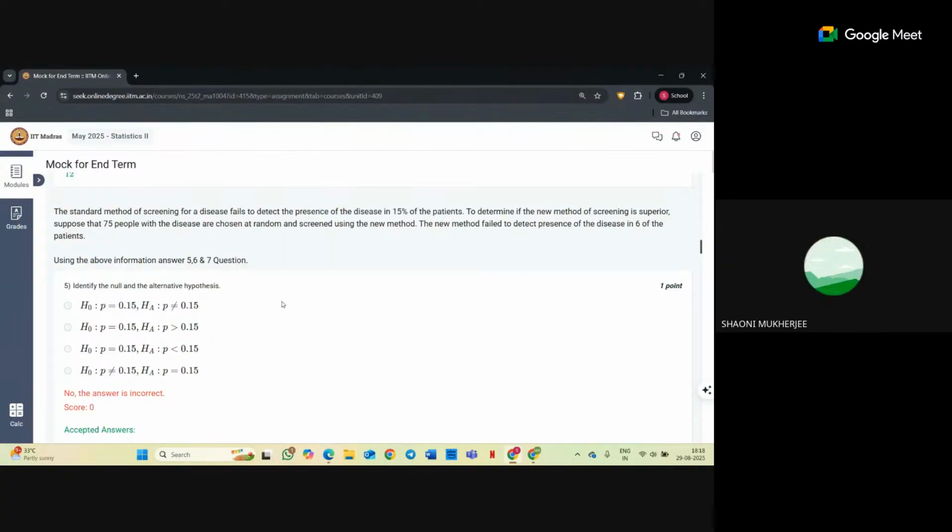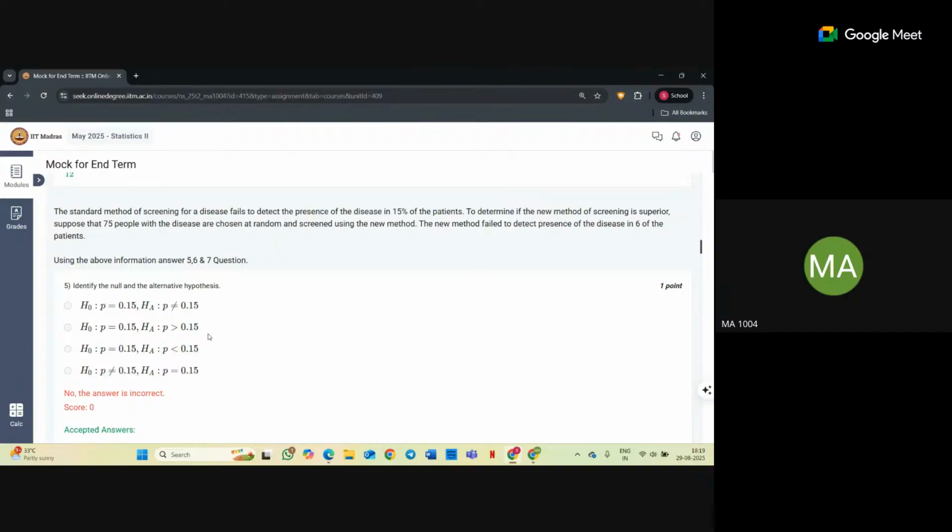The standard method of screening fails to detect the disease in 15% of the group, and the new method is superior, so P will be less than 0.15. So the null and alternative hypotheses will be H naught: P equals 0.15, and the alternative would be that P is less than 0.15.